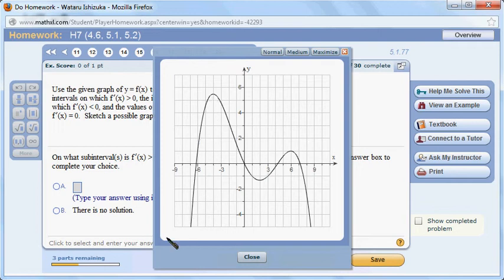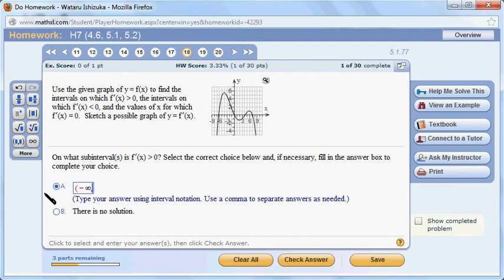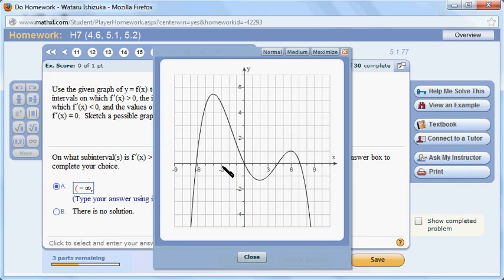So it's going to be negative infinity all the way to -4, and also starting from 2 to 6. All right, so let's type it in. So this was negative infinity, so you have infinity here, to -4, and 2 to 6.